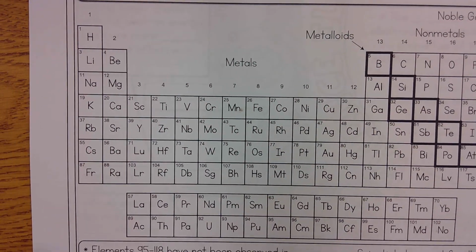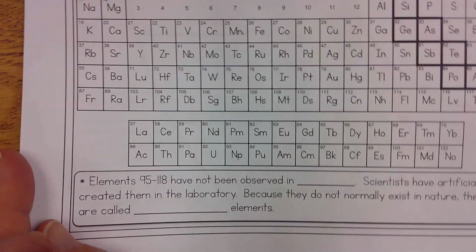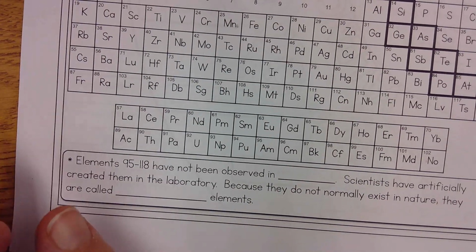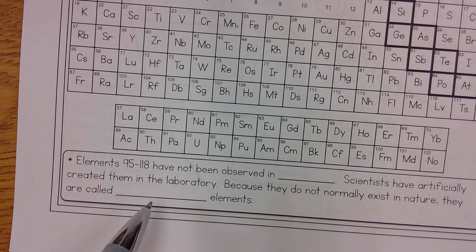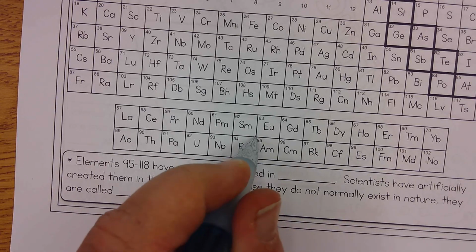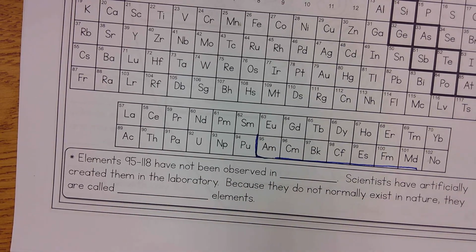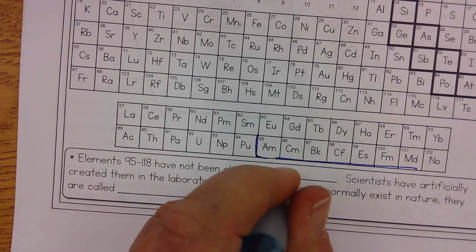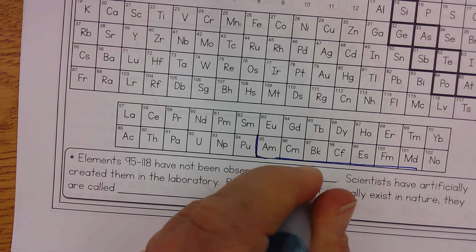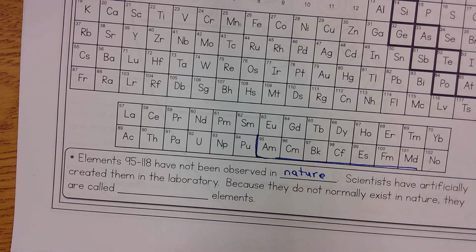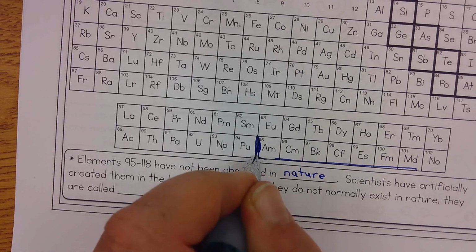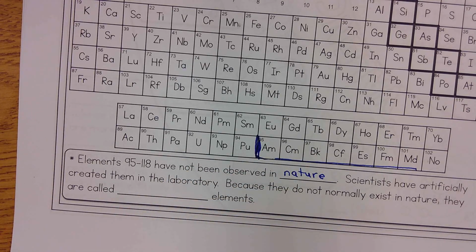And then if you'll scooch down to the bottom of your notes, elements 95 through 118, which is here in the bottom. Let me find where 95 starts. Here. This bottom section right here. And the rest of them, which aren't on this table, we're not going to talk about in much detail at all, except for this right here. They have not been observed in nature at all. They have all been created in the lab, starting here with 95 and going all the way to 118.